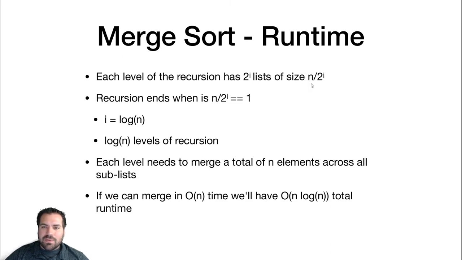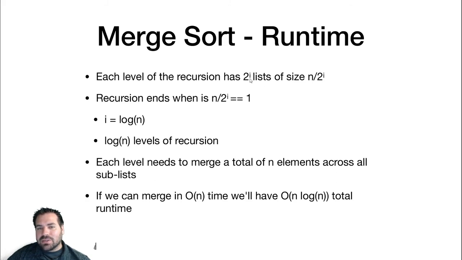So for each layer of the recursion, we think of it as layer i. We have 2 to the i lists of size n over 2 to the i. So the first iteration, when i is 0, we just call this thing n over 1, n. We have 1 list. 2 to the 0 is 1. We have 1 list of size n.